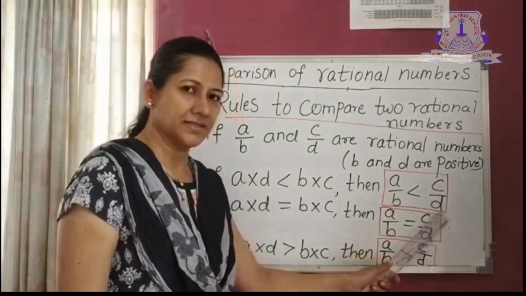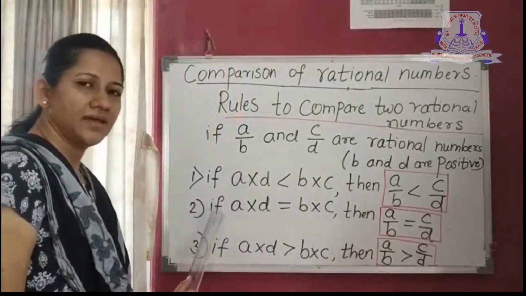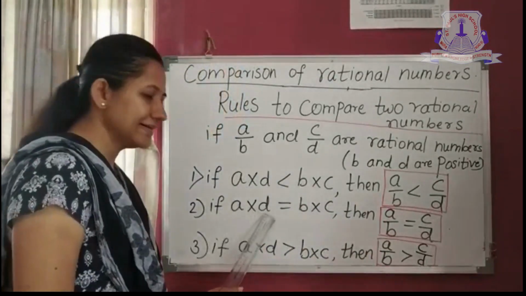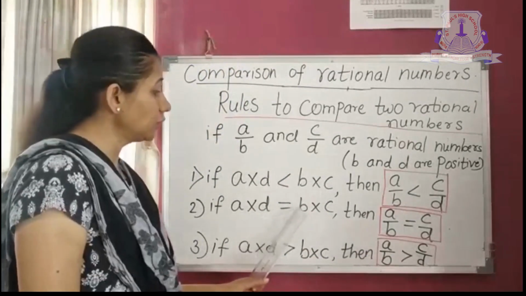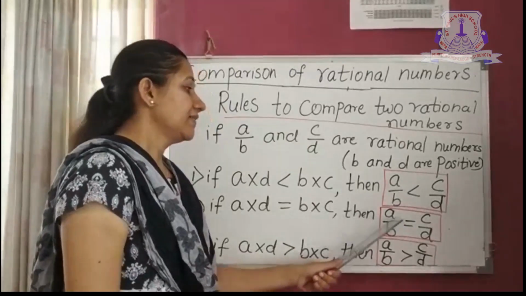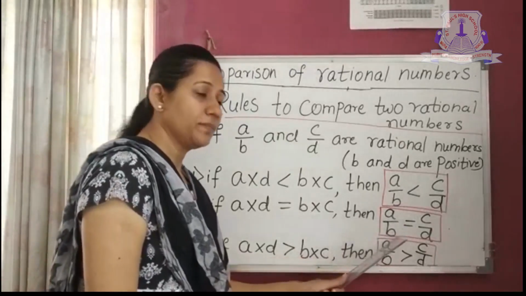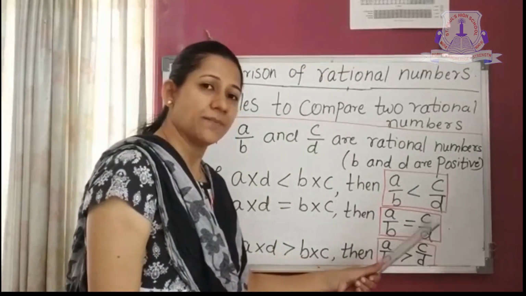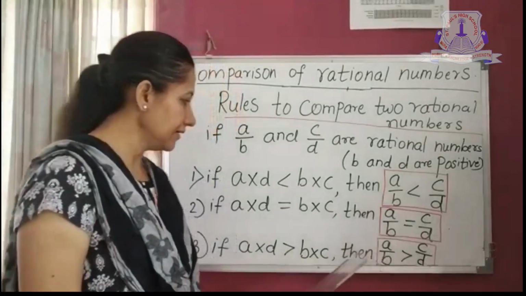Next, the second one: if A multiplied by D is equal to B multiplied by C, then A upon B will also be equal to C upon D. Clear?